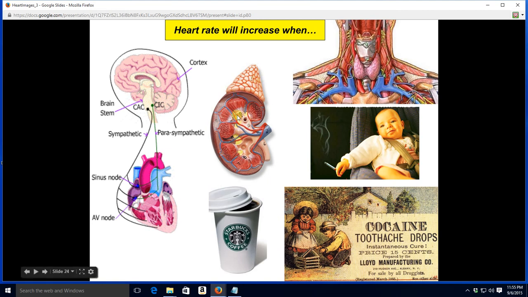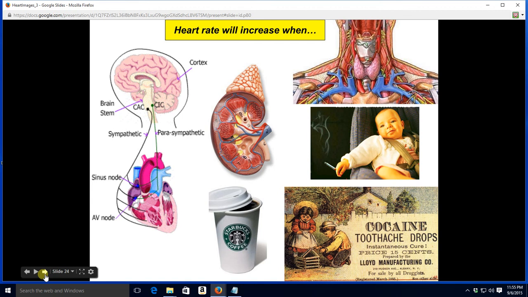This is our kidney down here, and this is our adrenal gland. Epinephrine, the major hormone released by the adrenal gland, is going to cause heart rate to go up. Thyroxine, the major hormone released by the thyroid gland, is going to make the heart rate go up. Caffeine in delicious coffee, nicotine, and cocaine are also going to make heart rate go up.